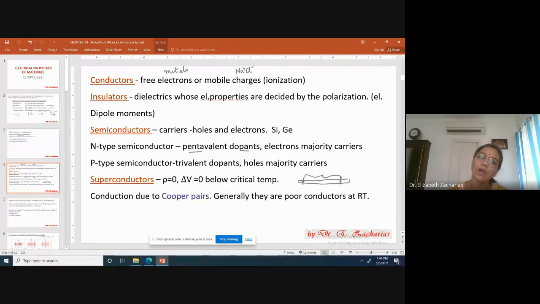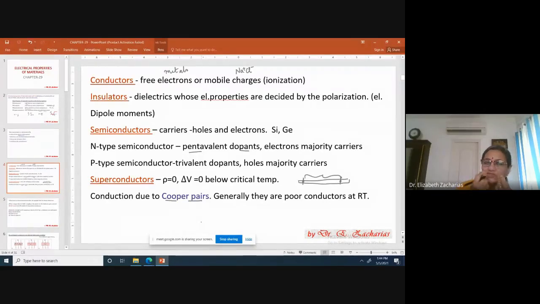And how are these materials different from your conductors? The difference lies in the formation of what are called Cooper pairs. You know that normally an electron and another electron will repel each other. They don't attract. But in the case of superconductors, there is a mechanism which is really outside the purview of your studies, but I'm just mentioning.